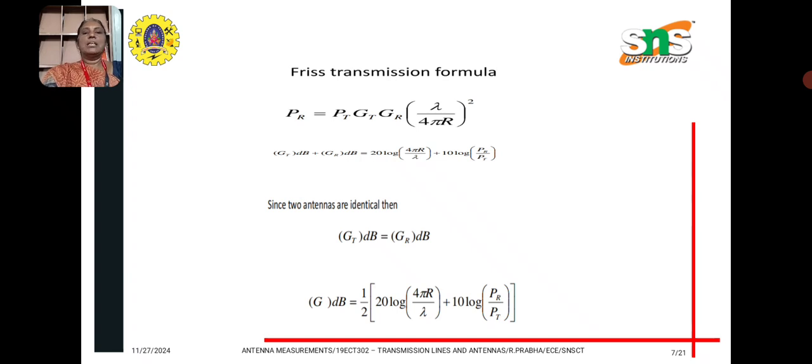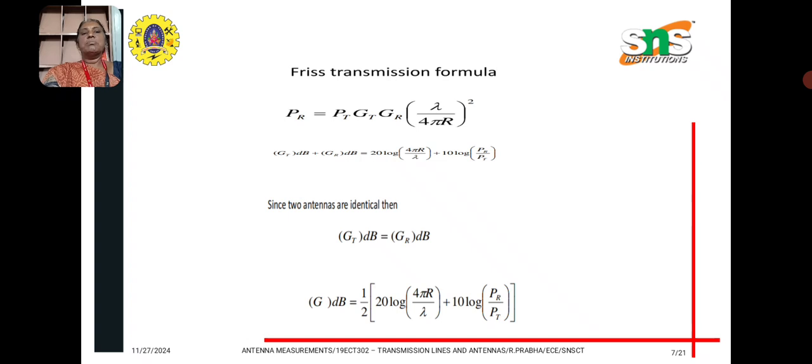Here PT is the transmitting antenna power, GT is the gain of the transmitting antenna, GR is the gain of the receiving antenna, lambda is the wavelength, R is the distance between the antennas, and PR is the received power. The Friis transmission formula describes the received power with respect to transmitting antenna parameters, and the wavelength lambda and the distance between the antennas are also involved.